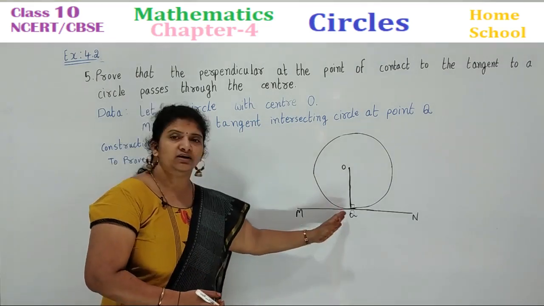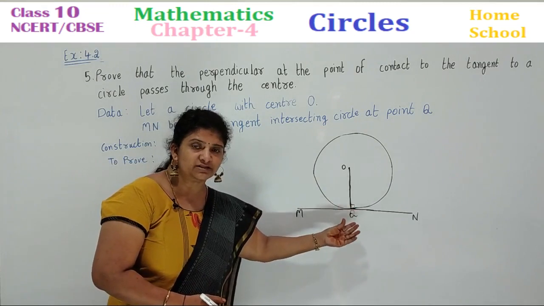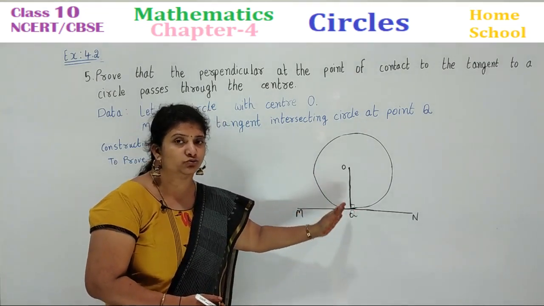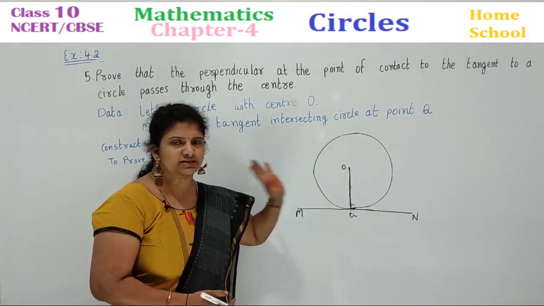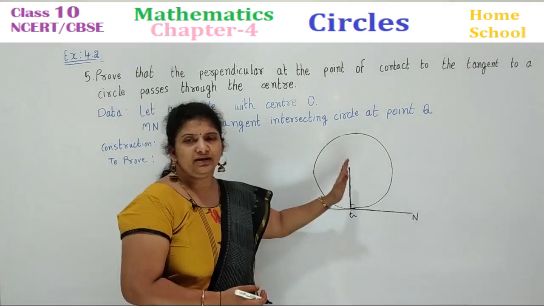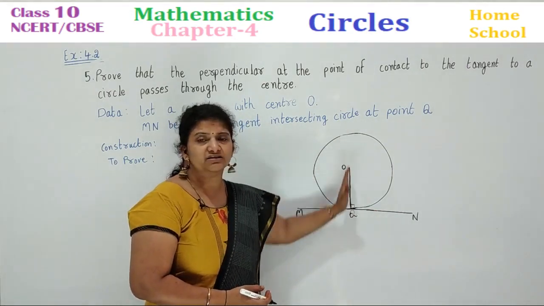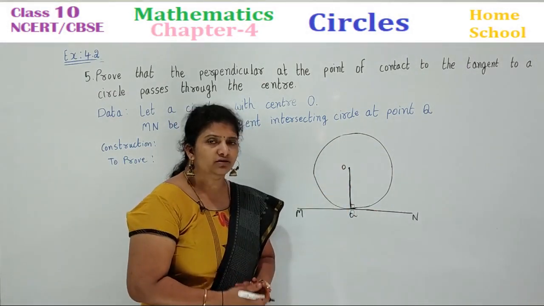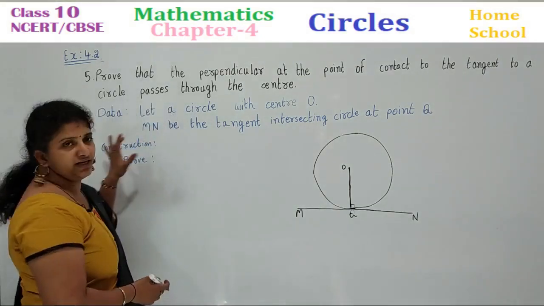This perpendicular, when we can say it is a perpendicular, tangent is always perpendicular to the radius through the point of contact. Then whether this is passing through the center or not, we need to prove. Radius is perpendicular, then this line is passing through the center only now. Yes, how can I prove this one? So look here carefully, data.